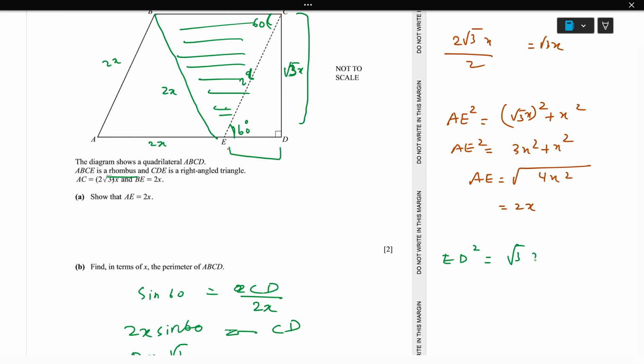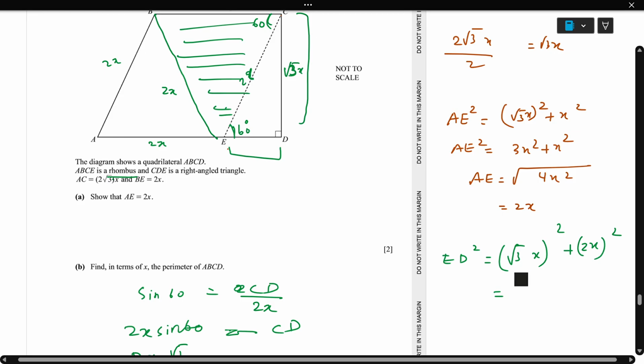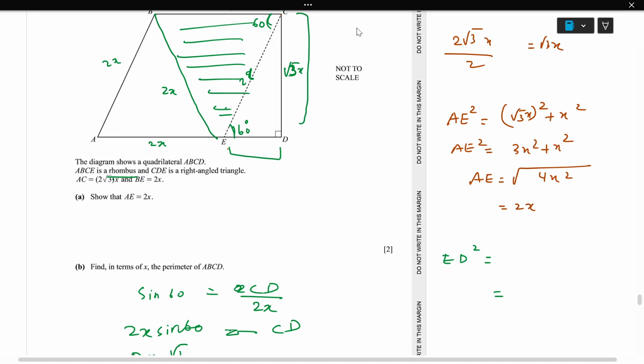square root of 3x whole square plus 2x whole square, which is, sorry, this is wrong, because we cannot take the other two sides. Hypotenuse square minus the other side square, because we are finding a side, not the hypotenuse.